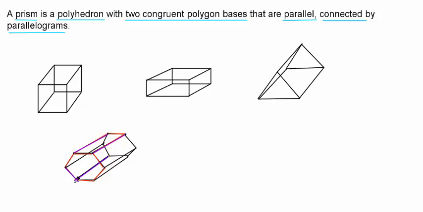These are all the vertices on the prism. So we have faces. This is a face. We have edges. This is an edge. And we have vertices, the plural for vertex. This is a vertex.